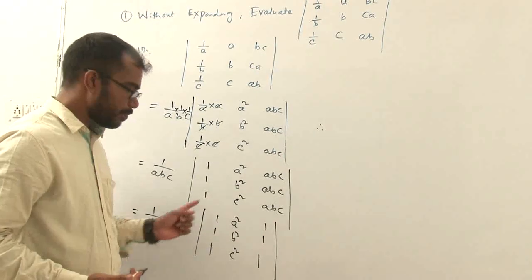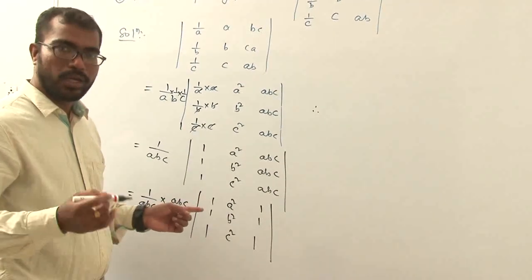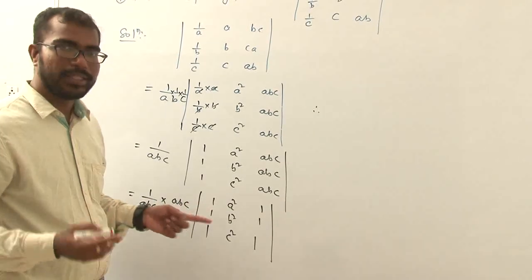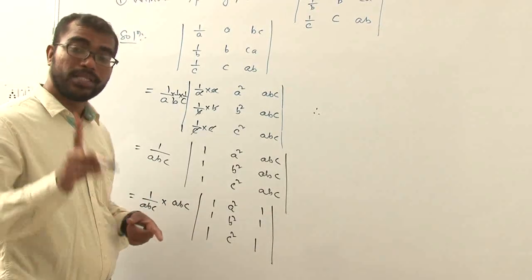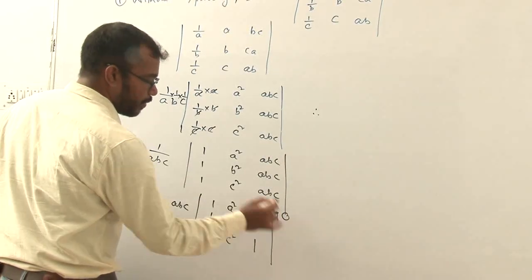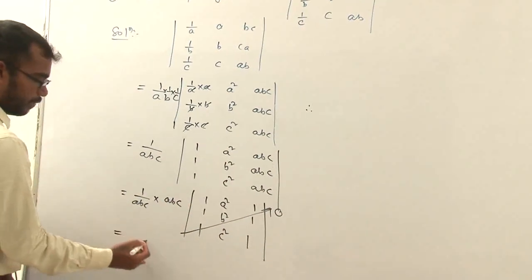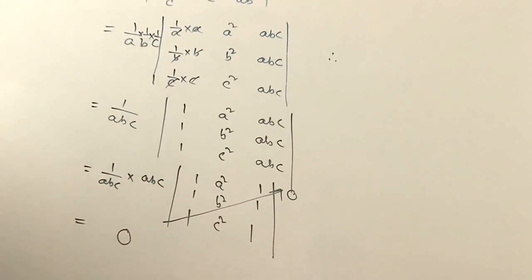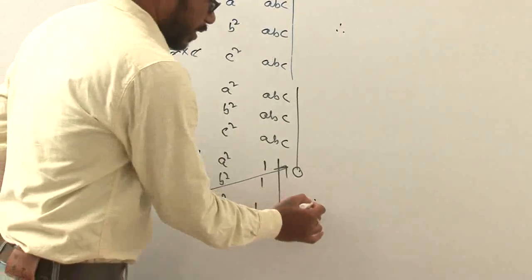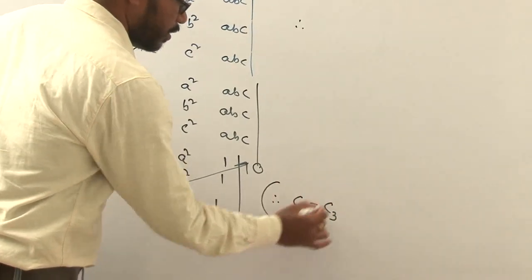As you know, if any two rows or columns of a determinant are the same or identical, the determinant will be 0, according to property number 3. So here this determinant will be 0. The reason is column 1 is equal to column 3.